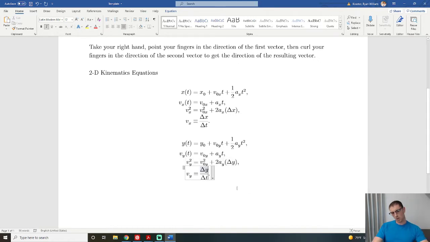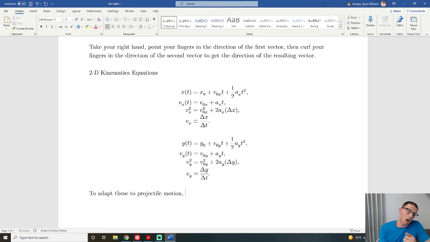Okay, cool. So now if we want to adapt these to projectile motion, the assumptions that we make about projectile motion will be that the acceleration in the x direction is 0, right? We call that neglecting air resistance. And that the y acceleration is just the acceleration due to gravity.